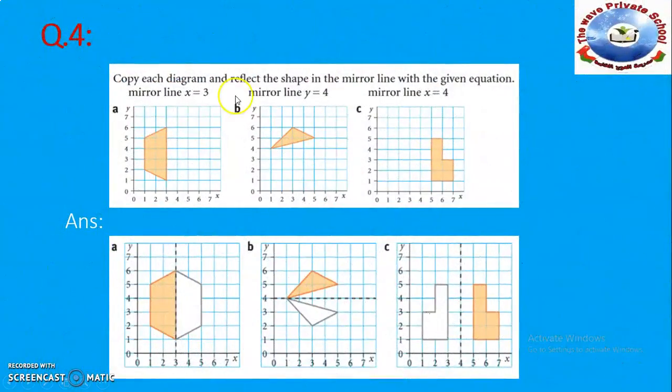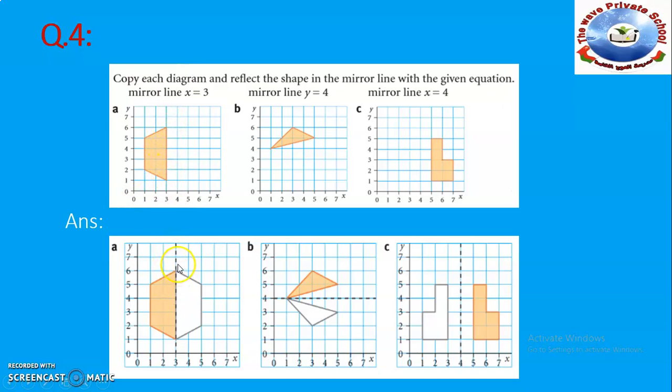Question number 4. Copy its diagram and reflect the shape in the mirror line with the given equation. Mirror line x is equal to 3. This is the x-axis and this is the y-axis. We have to draw the mirror line at x is equal to 3: 0, 1, 2, 3. So at 3 you will draw a mirror line like a dotted line.